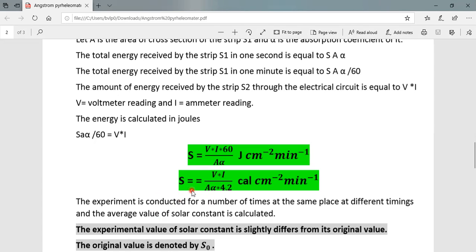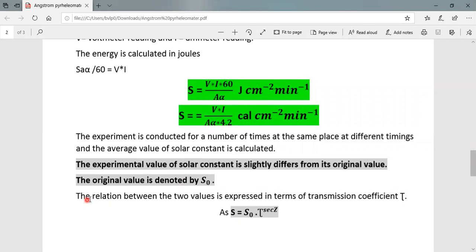So this is the unit of the solar constant. And this solar constant, as I said, differs with time and place. It is calculated at different places and at different timings and then compared, and a graph is plotted for various values of S with respect to the time or the place here. The experiment is repeated many times.